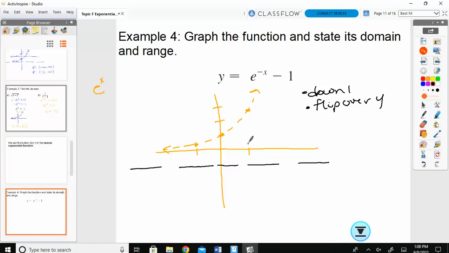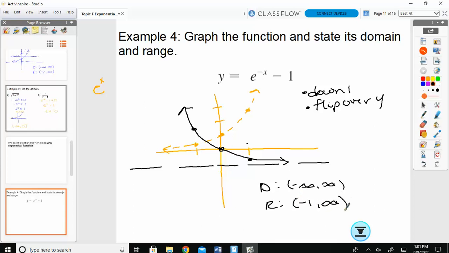So take my point, flip it over the y, down 1. The domain. And the range. Questions?